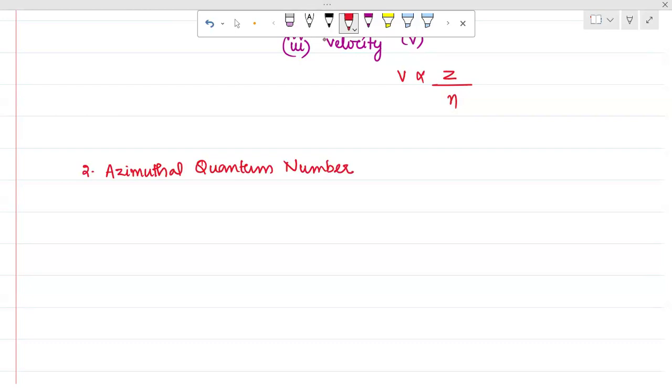Now, this azimuthal quantum number is commonly represented by small letter l. And what does it represent? It represents the subshell.